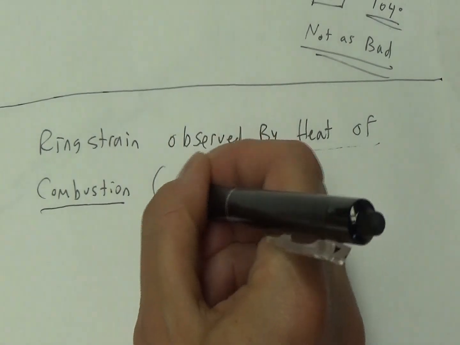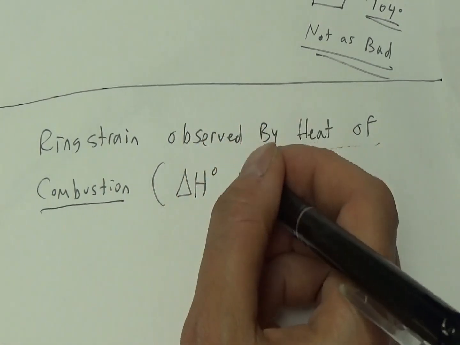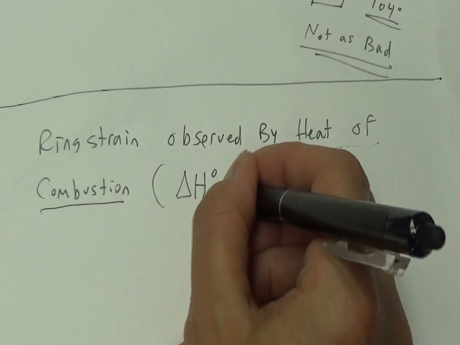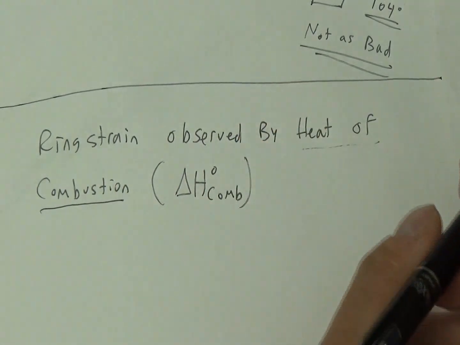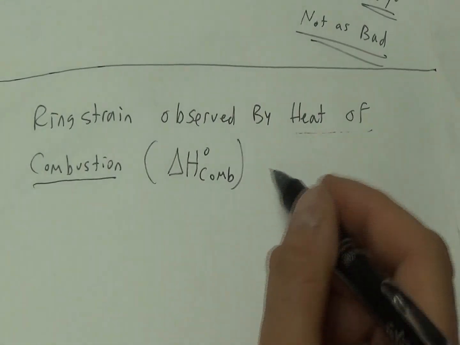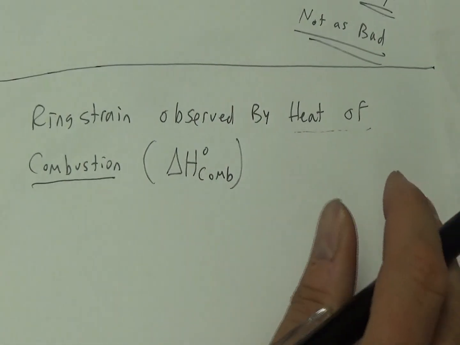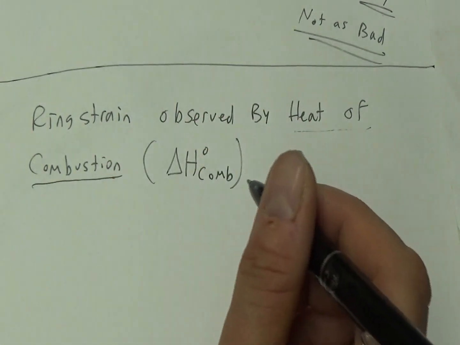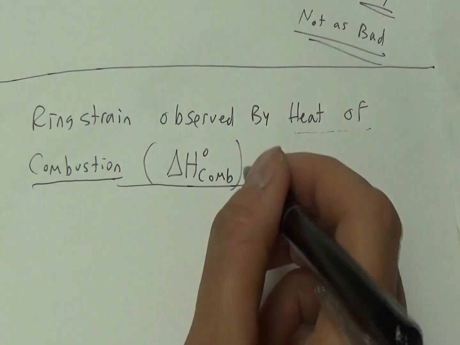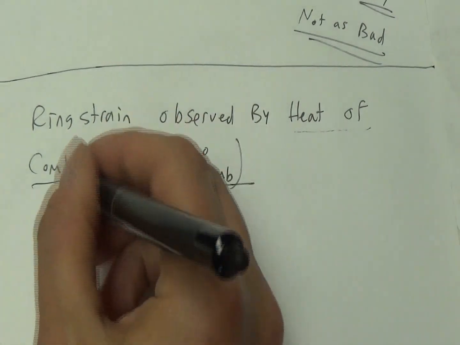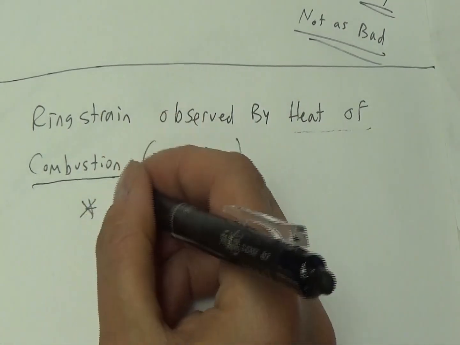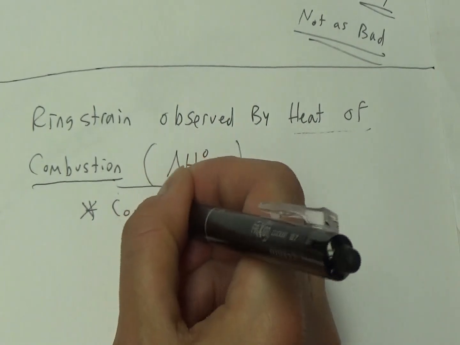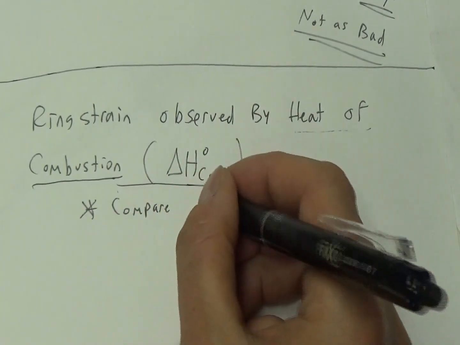We call that delta H under standard conditions, combustion. This is the normalized heat of combustion. What we're going to do, and I'll start this now and continue next time, is compare cyclic versus non-cyclic.